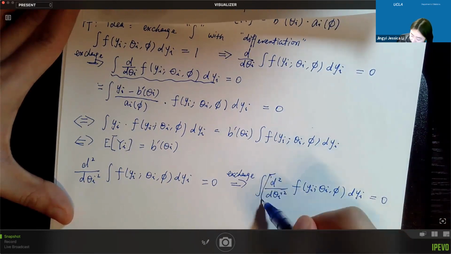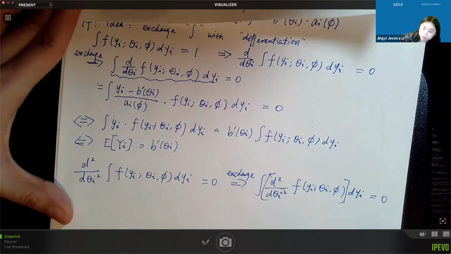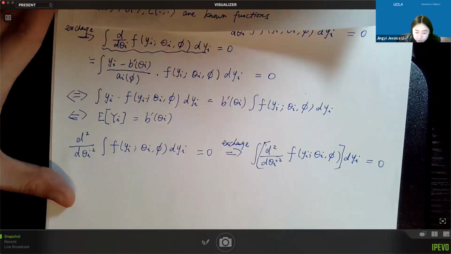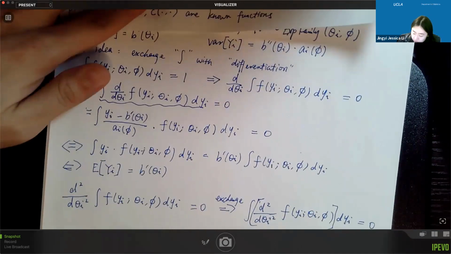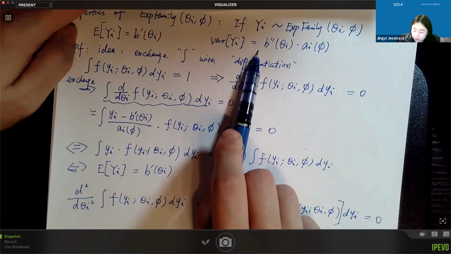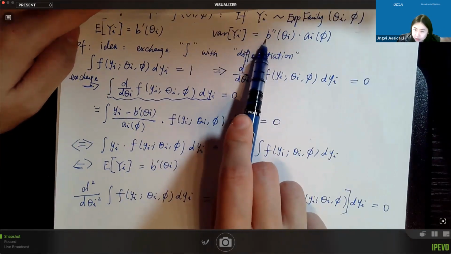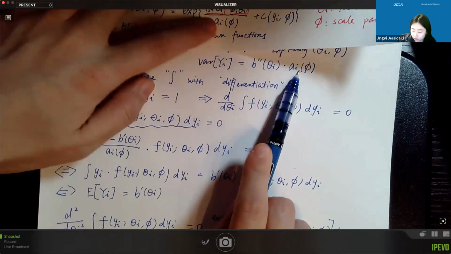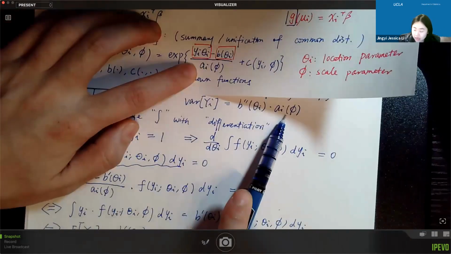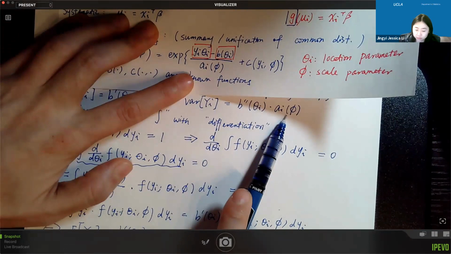So we're going to take the differentiation first before we do the integration. And I'm not going to do that again. But basically, you can show that the variance will be equal to this. It depends on the second derivative of the b function, as well as this ai function, which is about the transformation of the parameter φ in the denominator in the exponential term.